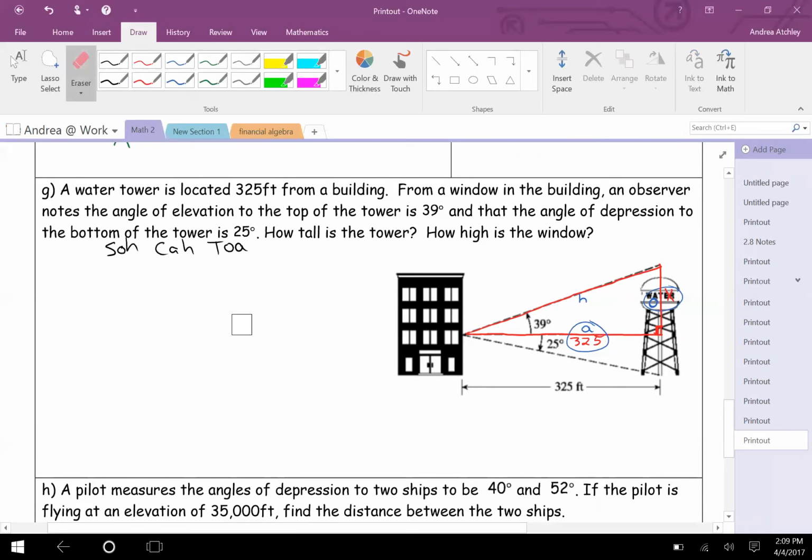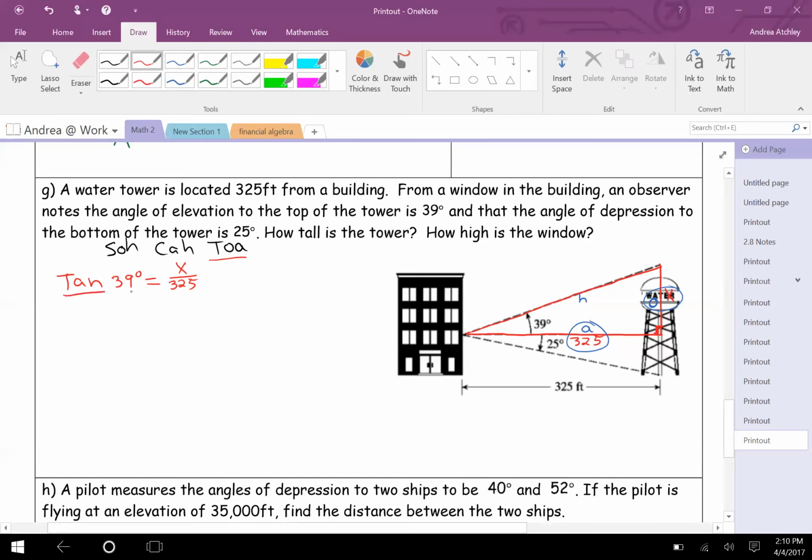That the TOA, I'm using tangent for opposite and adjacent. So I'm going to use the tangent of my angle. In this triangle, it's 39 degrees. Equals the opposite side of x over the adjacent side of 325. Any questions over that?